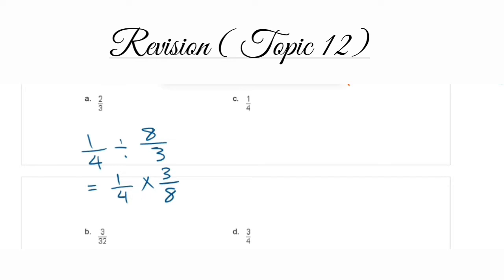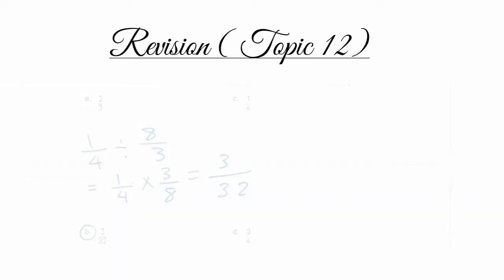So we can simplify here. There's nothing to do. I can't simplify 4 and 3. So I will multiply. 1 multiplied by 3 is 3, and 4 multiplied by 8 is 32. So the answer is 3 over 32.